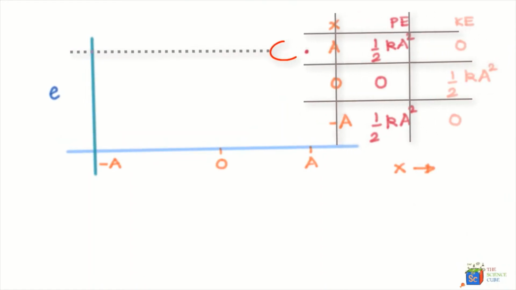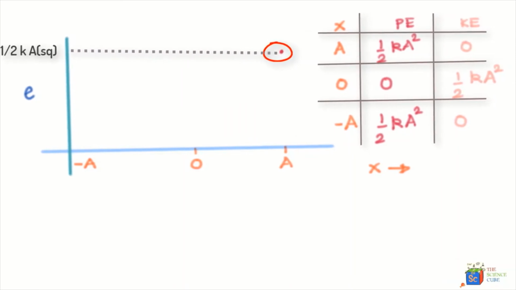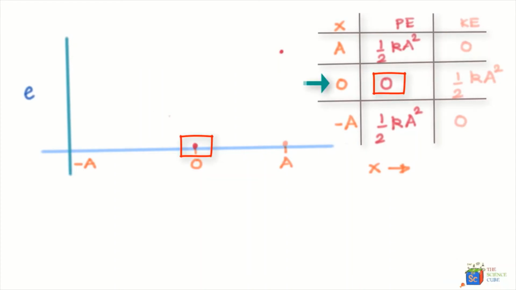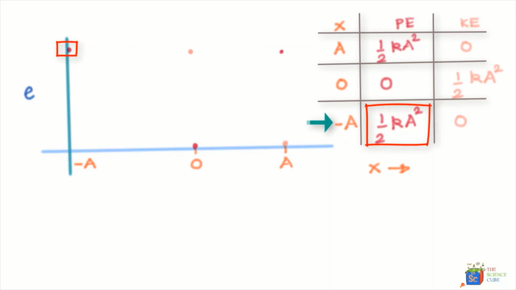Now we draw a graph between energy and amplitude. At point A, we have all the energy in the form of potential energy, and at that point kinetic energy is 0. Now at O, we have potential energy 0, but all the energy is in the form of kinetic energy. So we mark this. At minus A, we have all the energy in potential energy form, and kinetic energy at that point is 0.